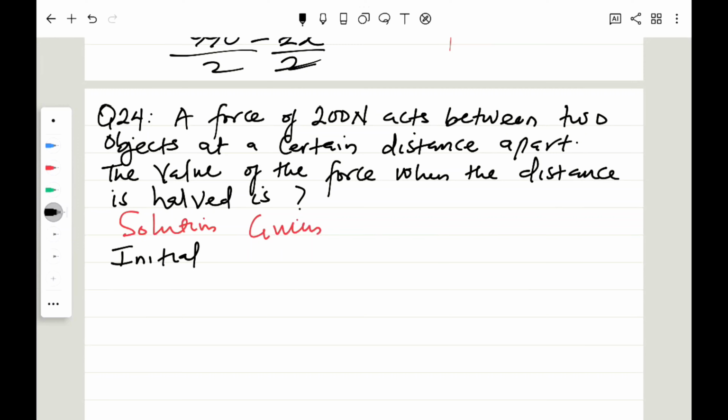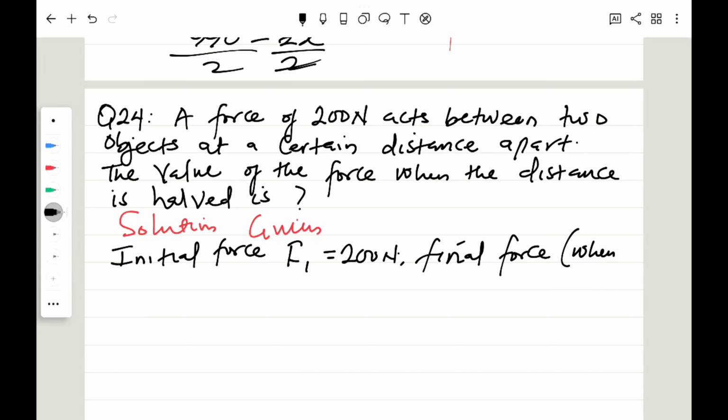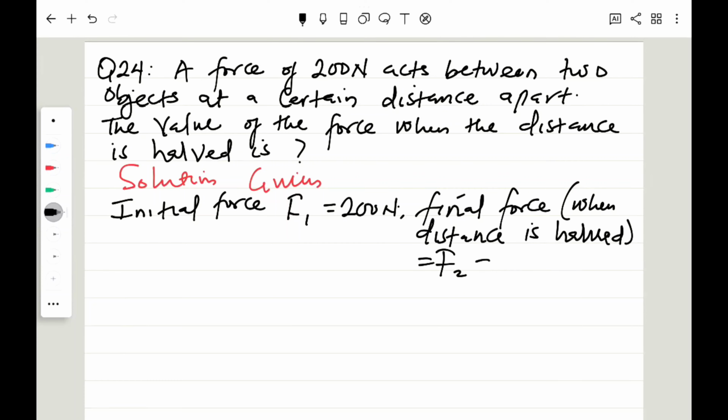Number 1, the initial force F1 is 200 Newton. Then the final force is the final force when the distance is halved. Okay? Is F2. Are we together? And is equal to unknown.